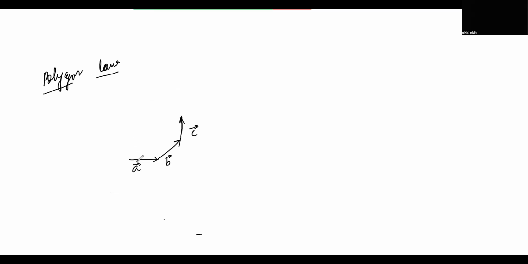If you see the first vector, A vector, its head is coinciding with the tail of B vector. So if you draw the first resultant, it will be like this. Correct?